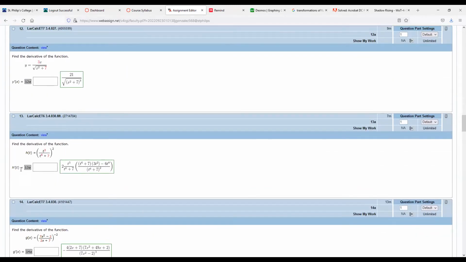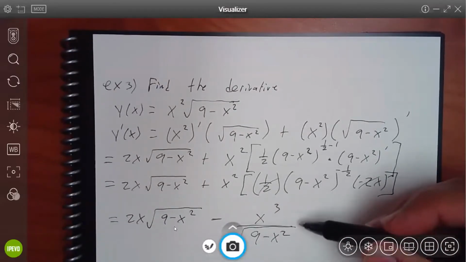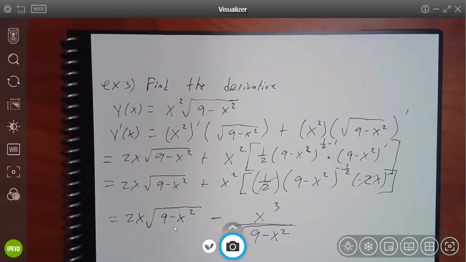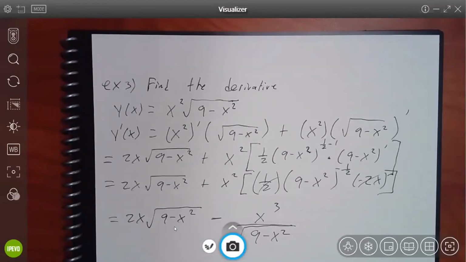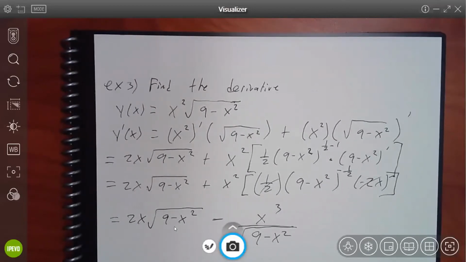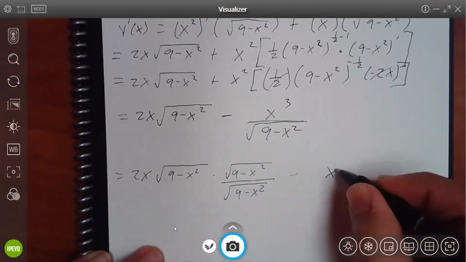Let's do this guy, but I'm going to change the t's to x's. Technically, we should get a common denominator. So if you multiply this guy by the square root of 9 minus x squared over the square root of 9 minus x squared, we can add these fractions.